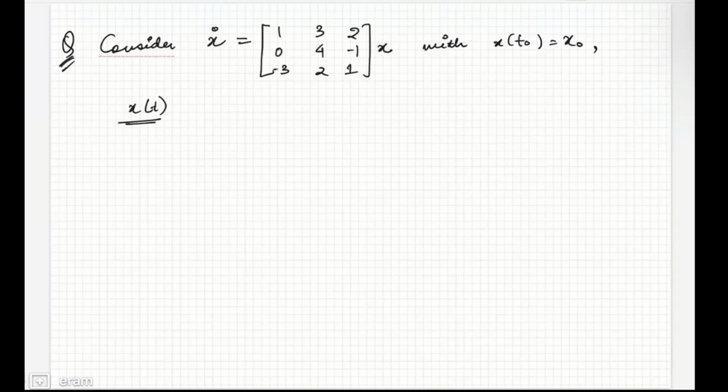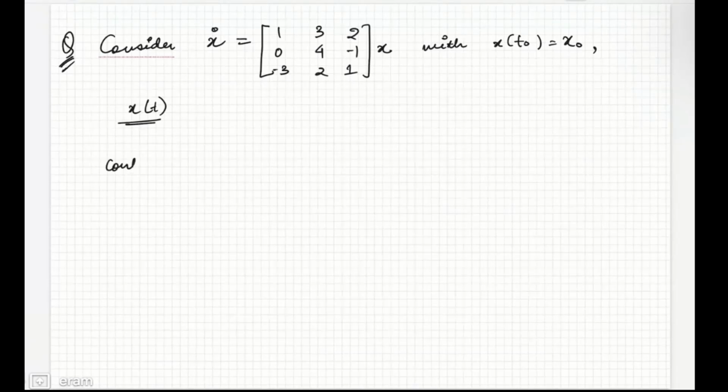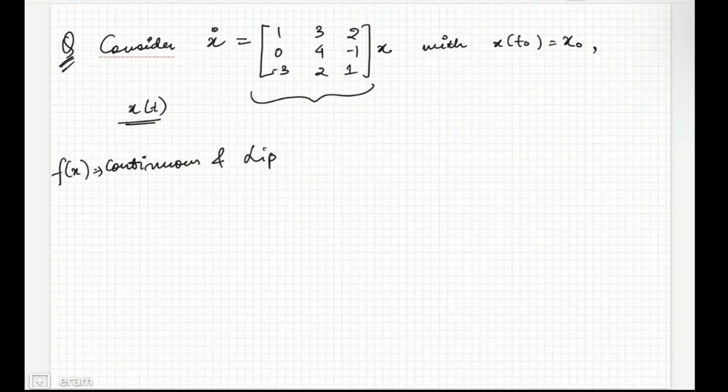So what are the conditions for existence and uniqueness of any solution? The right hand side, if I call it f(x), it should be continuous and Lipschitz.